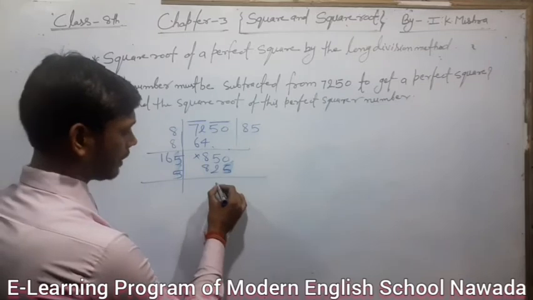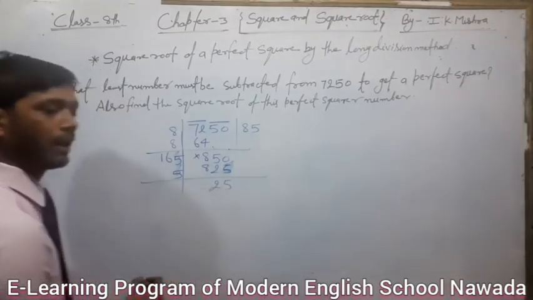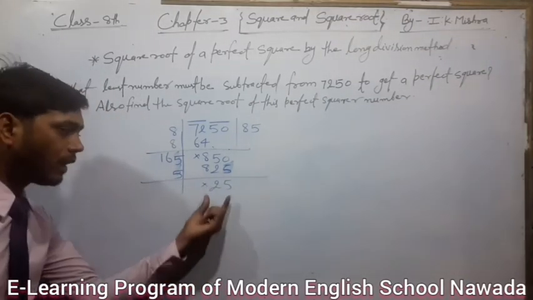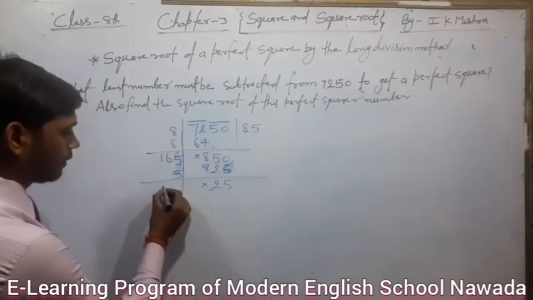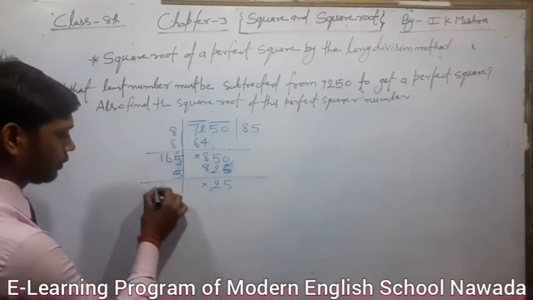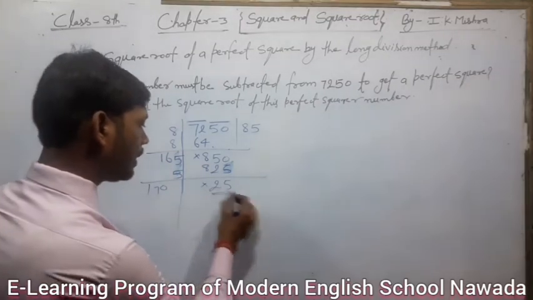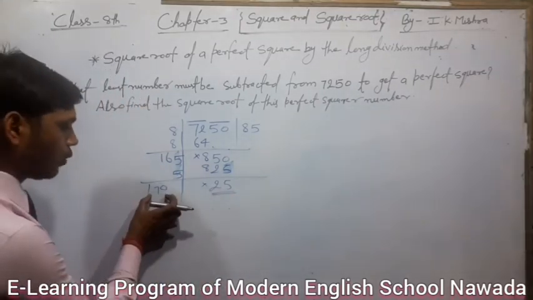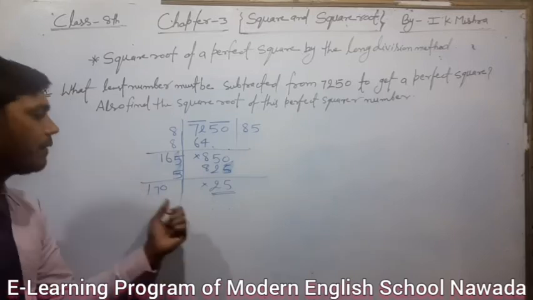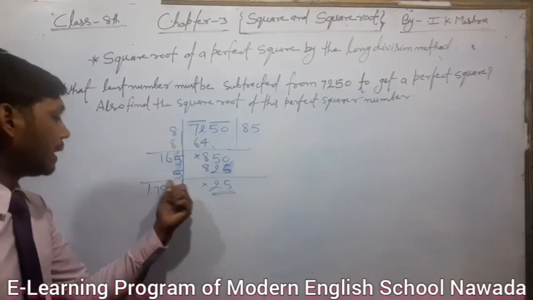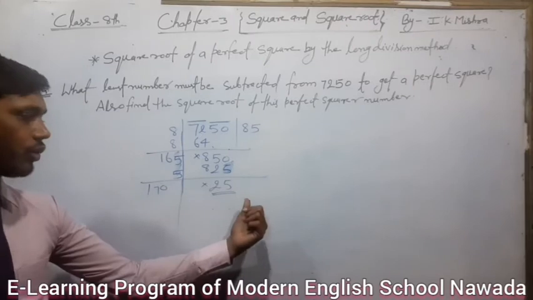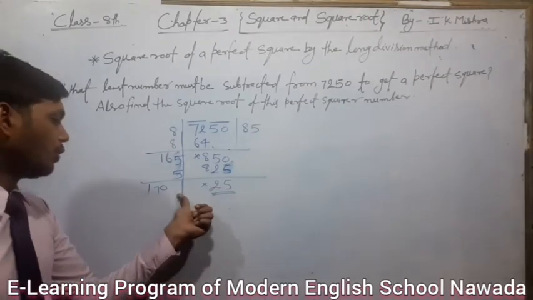If you subtract, you get 25 here, and the remainder is 0 7 1. Observe here 25 and here 170. If you divide by any number, it will be a larger number, so there is no possibility to divide.